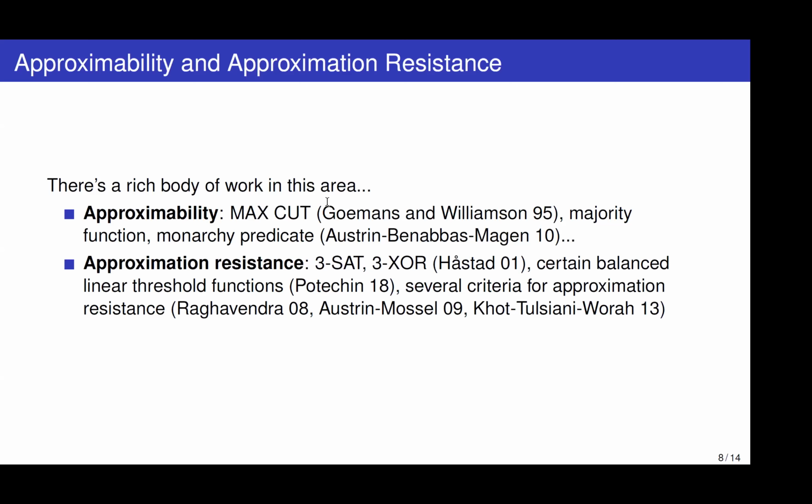They are both special cases of presidential type predicates. On the hardness side, Hastad showed that 3SAT and 3XOR are approximation resistant, and Potechin showed that there's a balanced linear threshold function that's approximation resistant, assuming the unique games conjecture. And there have also been several useful criteria for approximation resistance.